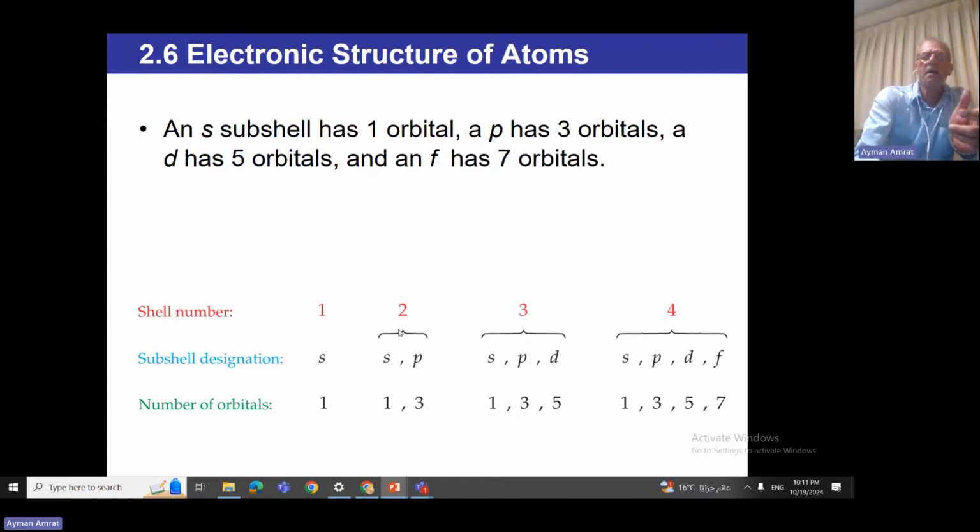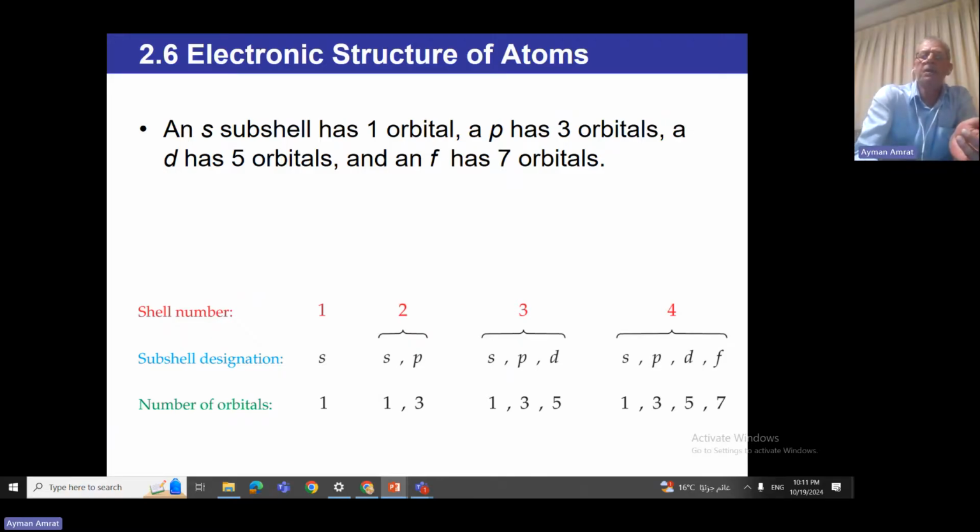While energy level number 2, or shell number 2, contains 2 subshells, s and p. s with 1 orbital, p with 3 orbitals, so 4 orbitals in the second shell. Each of them can occupy just 2 electrons, so the net electrons in the second shell is 8.